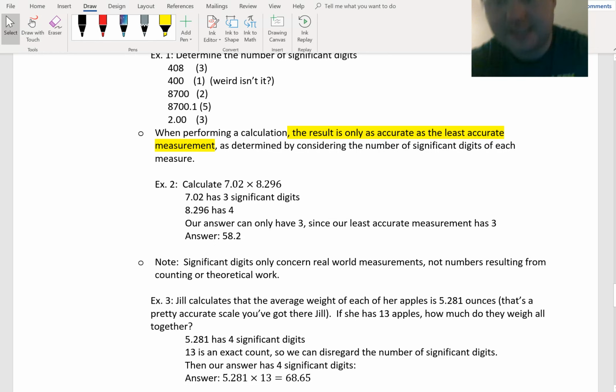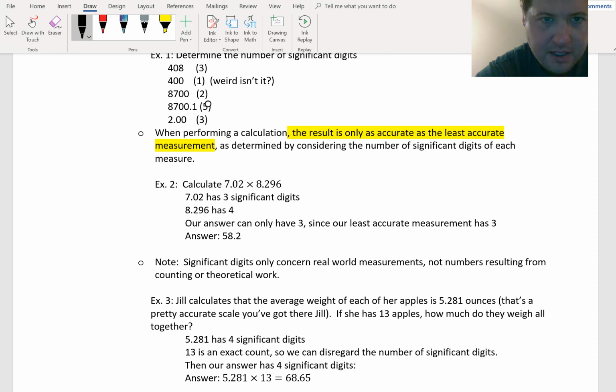What if we had, let's say, 8700.0. So the question is, do we count these two zeros here?